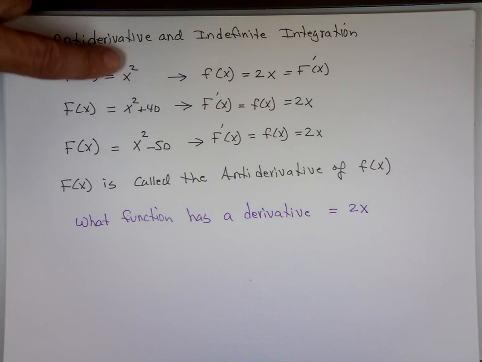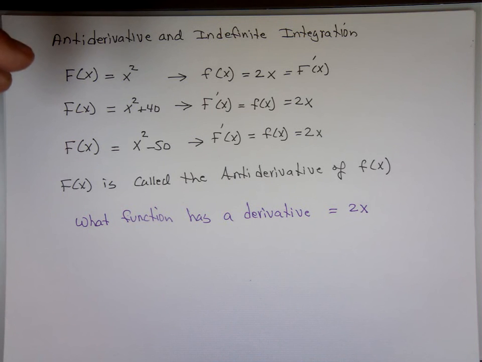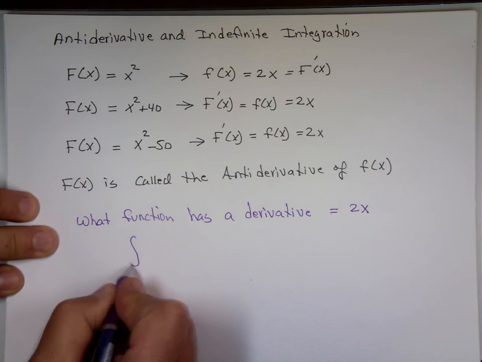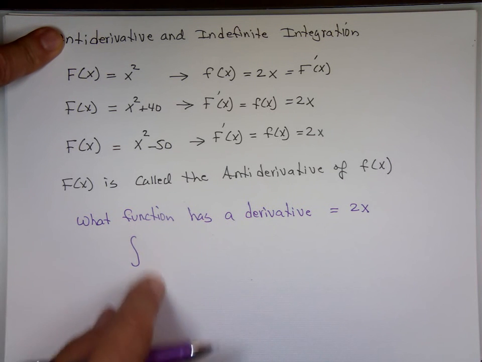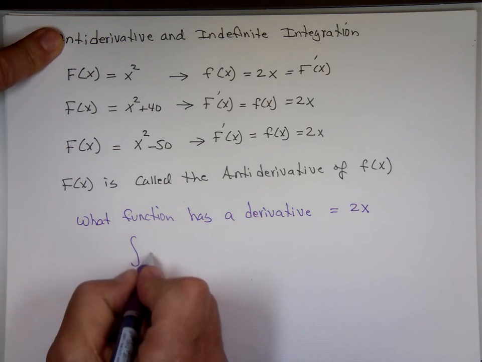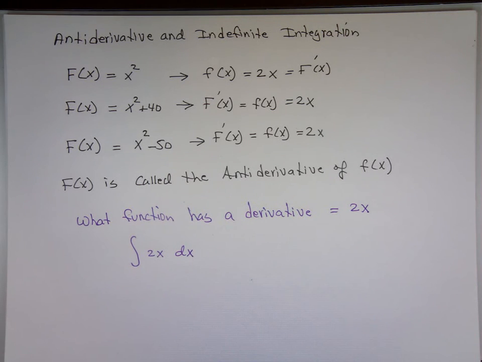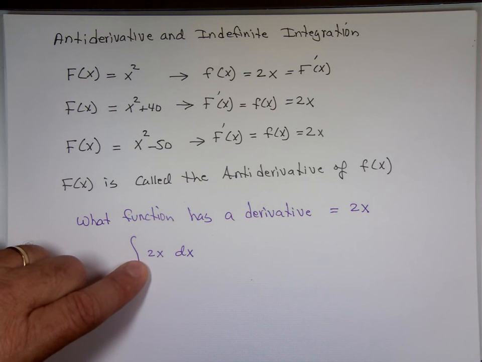So it could be this, could be this, could be this. Any function that has x squared in it, and it could have plus or minus a number. So the way we ask that question, we go, what is the integral? That's the antiderivative, instead of writing this whole thing, that big S of 2x dx. What function, when you took the derivative with respect to x, you got 2x?